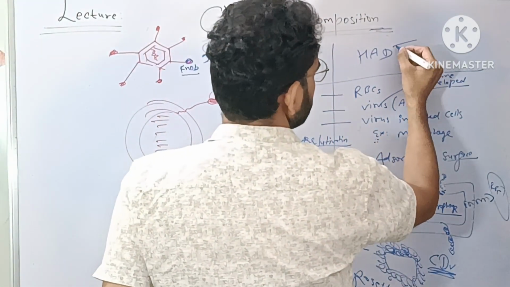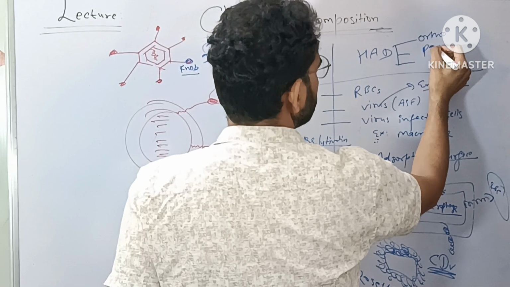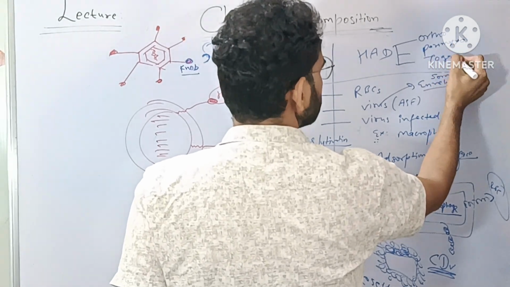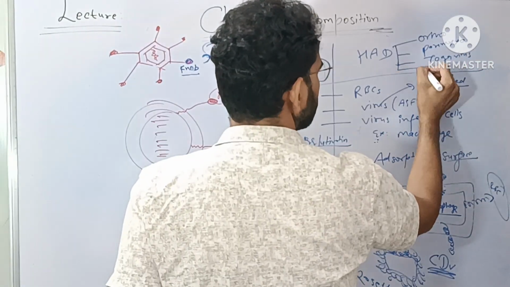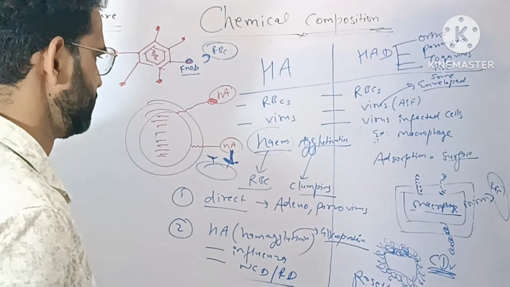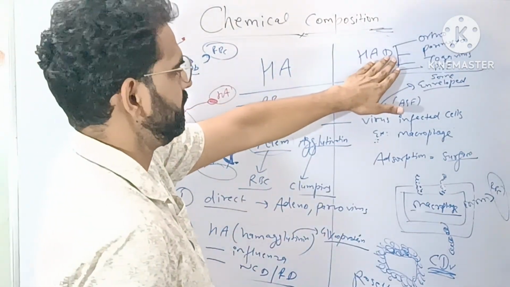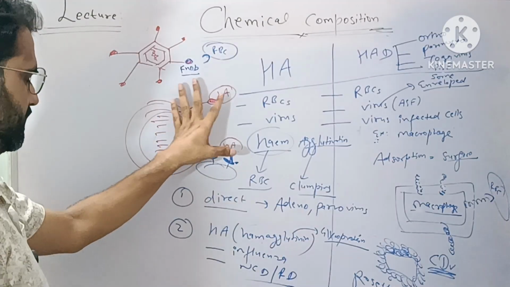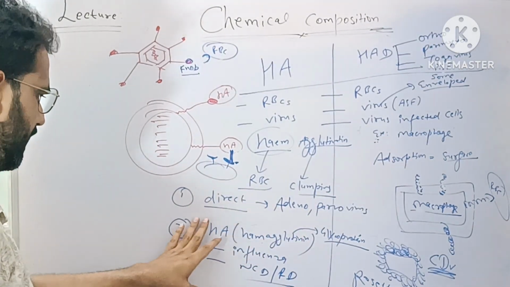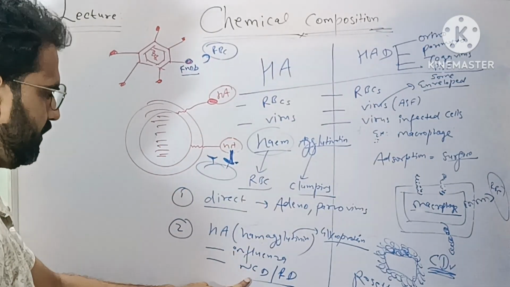Just remember, for example, orthomyxo, paramyxo, some toga viruses, and African swine fever. So this is the difference between hemagglutination and hemadsorption. Hemagglutination could be direct, like adeno and parvo. Indirect means use of some hemagglutinin, influenza, Newcastle disease.